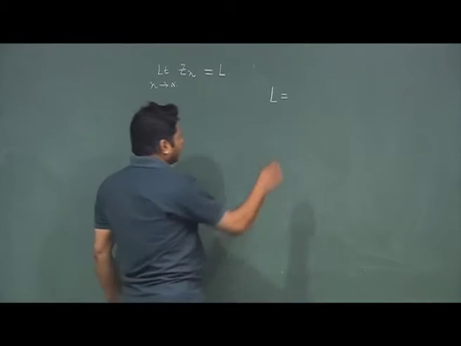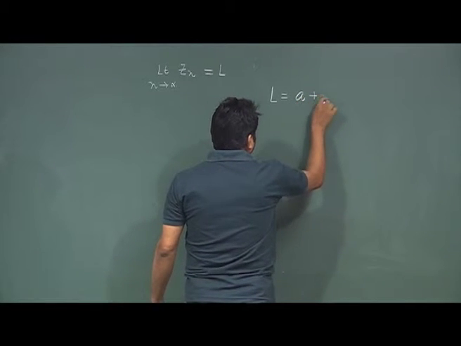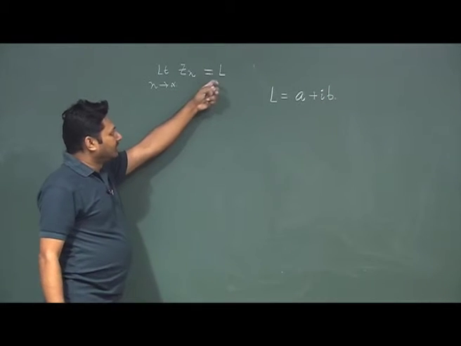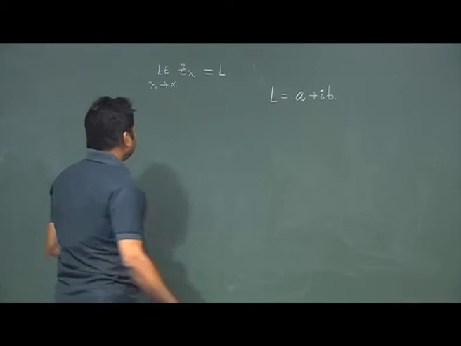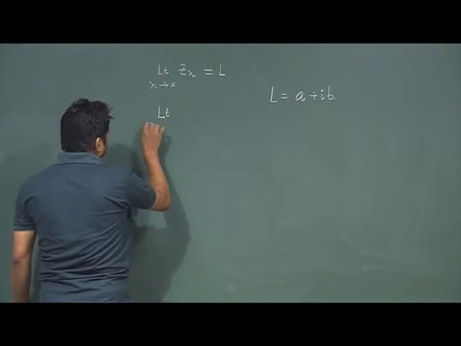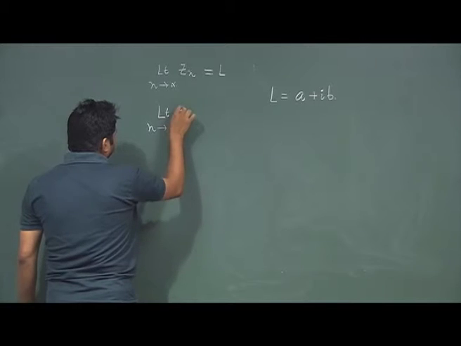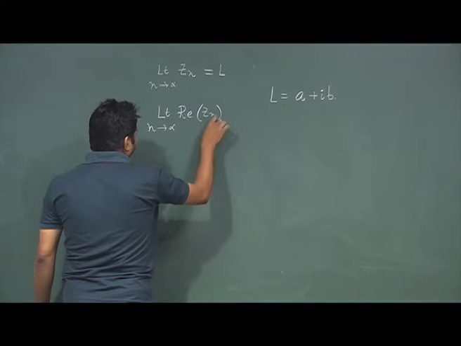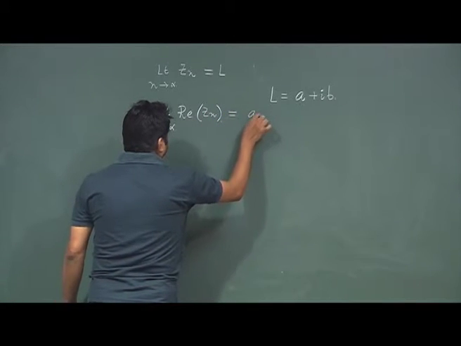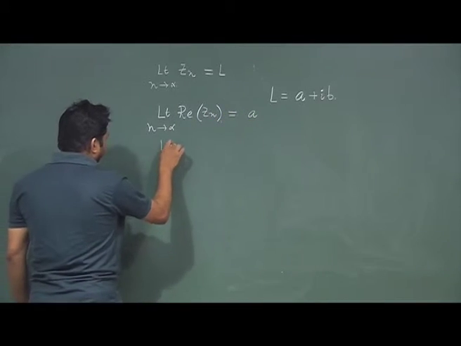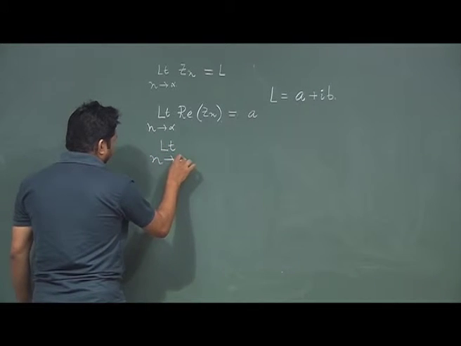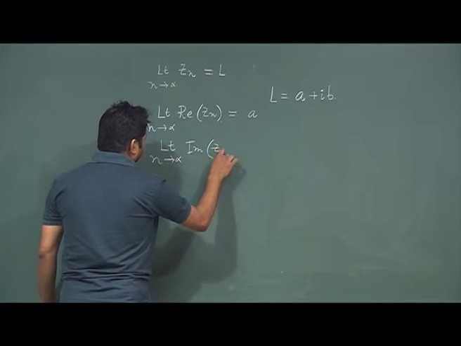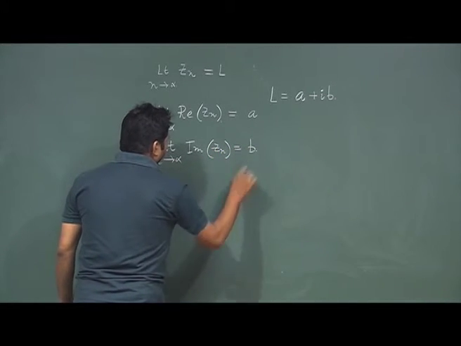So, L is a complex number, so I can write this as a plus ib, and this limit goes to this point, which eventually means limit n tends to infinity, real part of Zn should go to the point A, and limit n tends to infinity, imaginary part of Zn can also go to some point B.